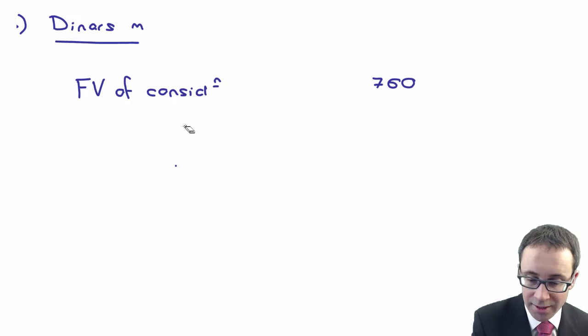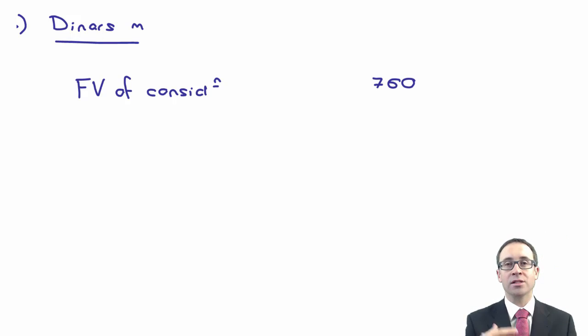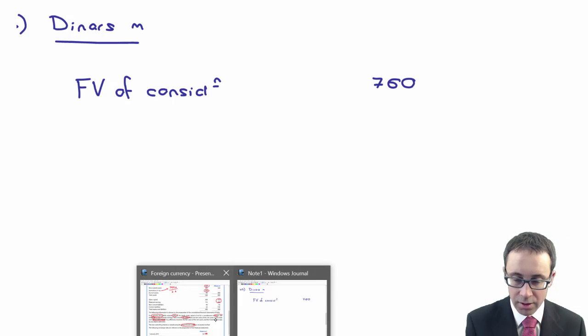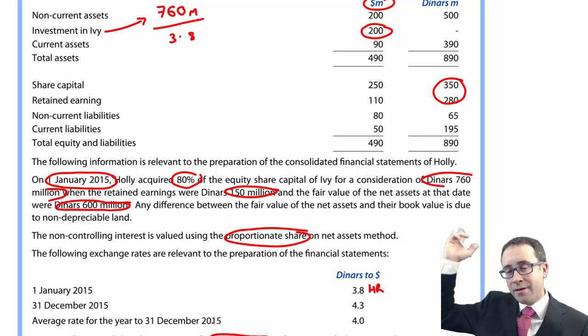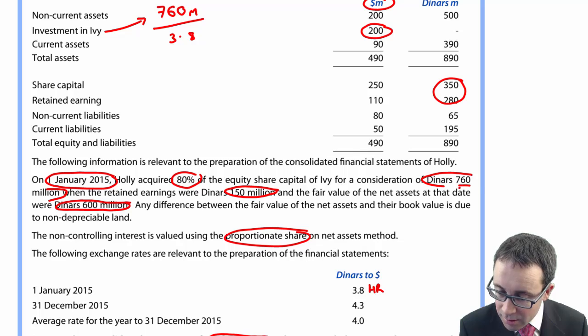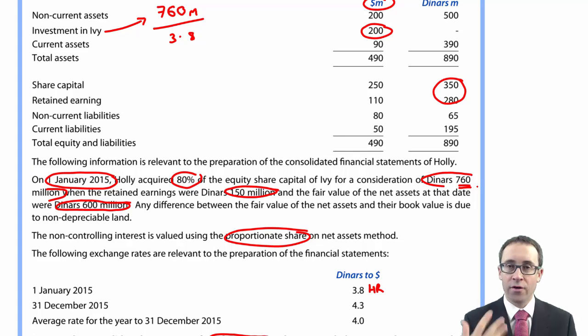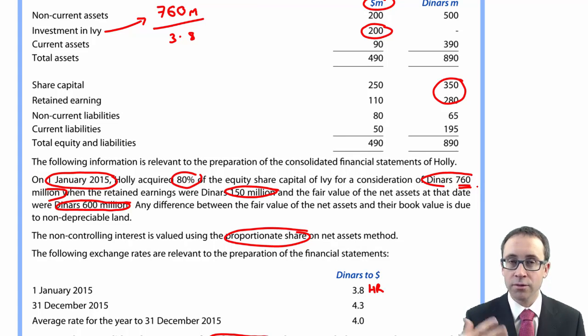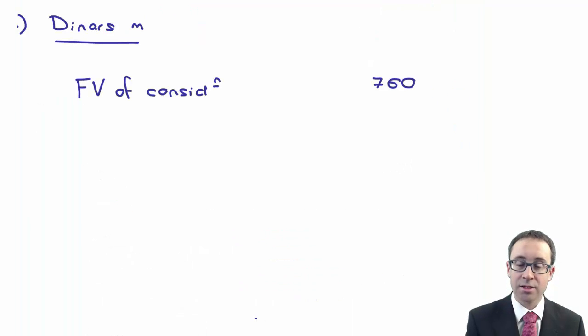If memory serves me right, that's 760 million dinars. That's where you've got to be very, very careful, because a lot of people will just take that figure right from the very top, that $200 million. No, the figure you're using here is the figure in the functional currency of the sub. So 760 million.